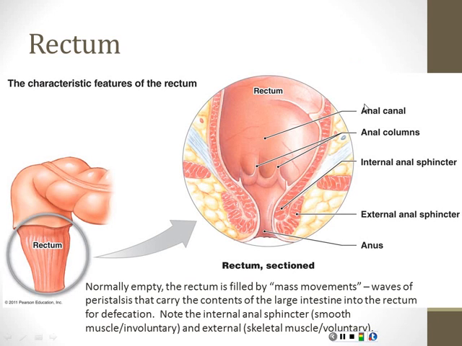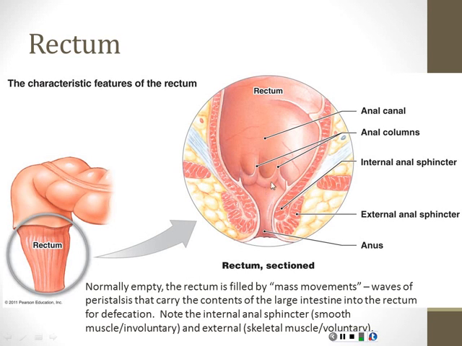All right. And then the large intestine ends in the rectum, and the rectum has a couple of unique features. One is its wall is very muscular, and it's because it's the rectum that's going to actually push feces out. So it has to have some strength to it.